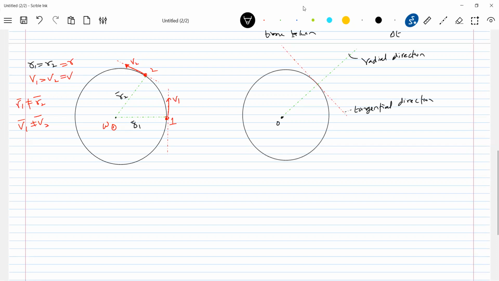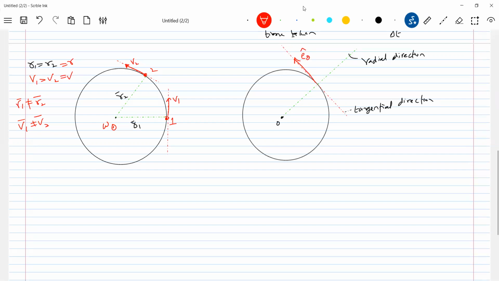Okay, fine. Then the unit vector directed along the tangential direction I'll call e theta cap. There's a typical symbol used in the books, so I'll call this e theta cap. It's a unit vector.